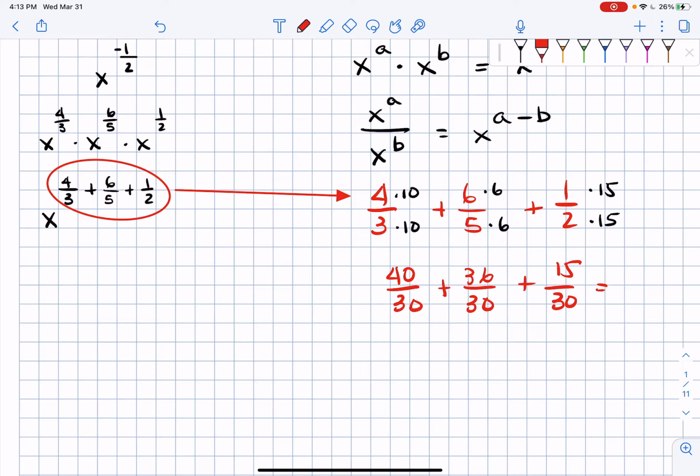So 40 plus 36 plus 15 is 91, so this would be 91/30.